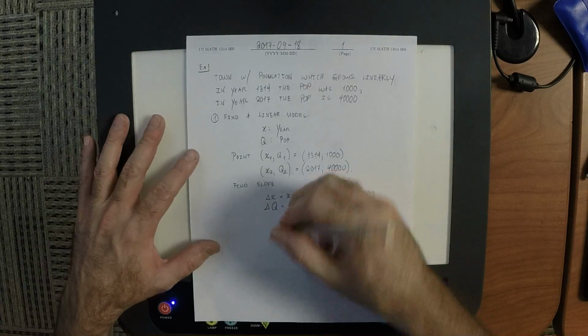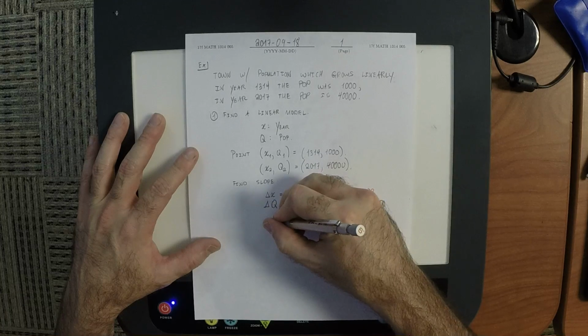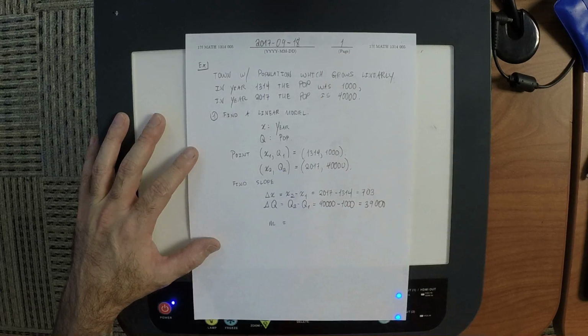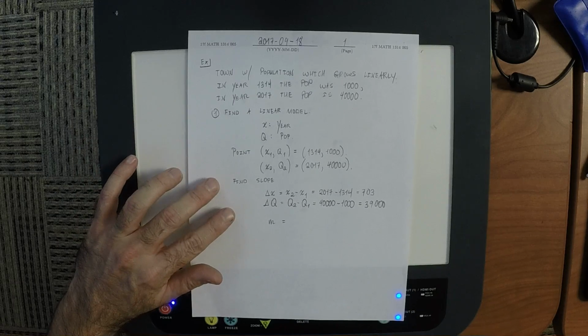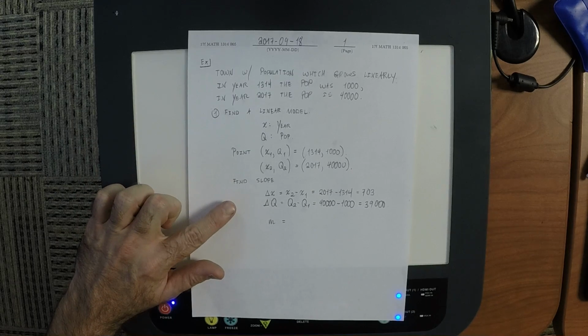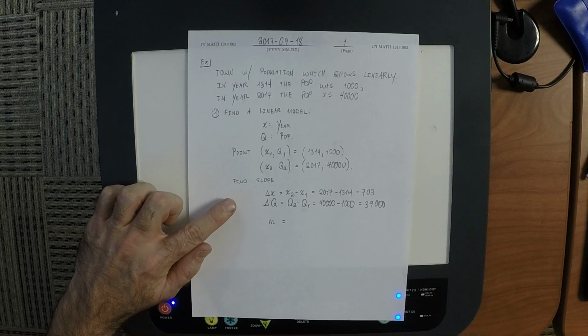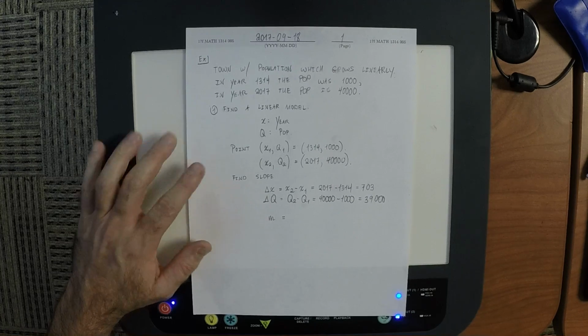So what's the slope then in terms of these two things? In terms of these symbols? Very good.